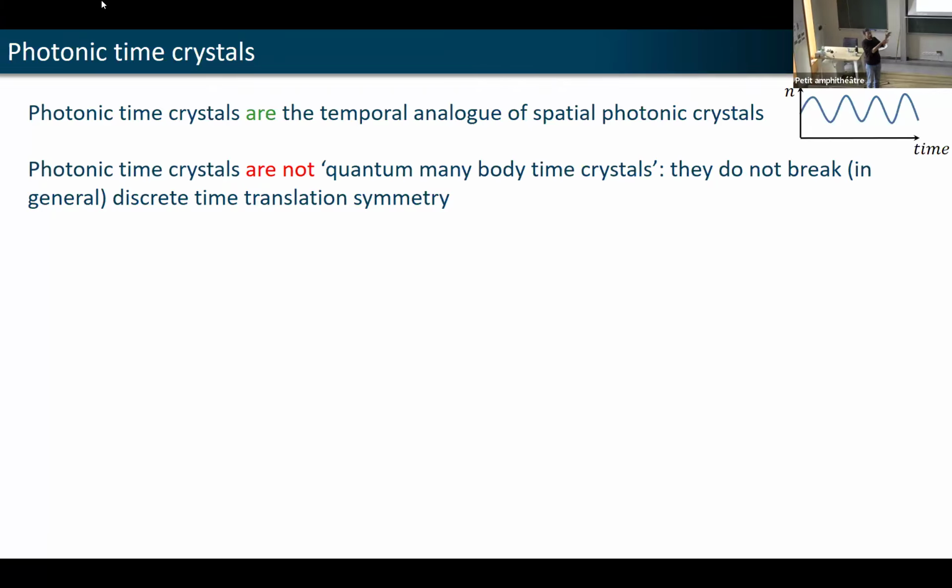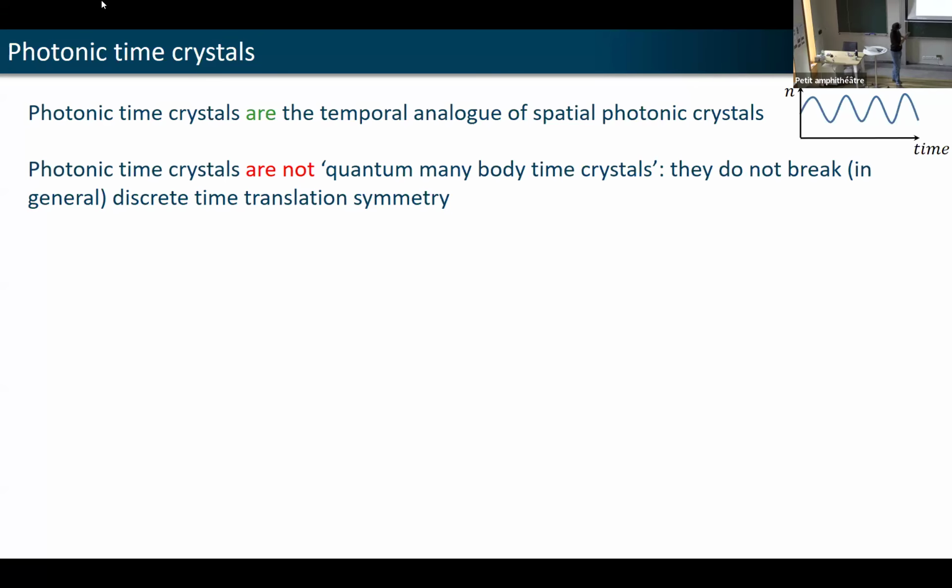These originate from the original proposal of Frank Wilczek, which says that systems can break time translational symmetry spontaneously, in the original proposal, and later on discrete. So in that sense, you would, for example, drive at some period and you would have frequency doubling. These are not the type of time crystal I'm talking about.